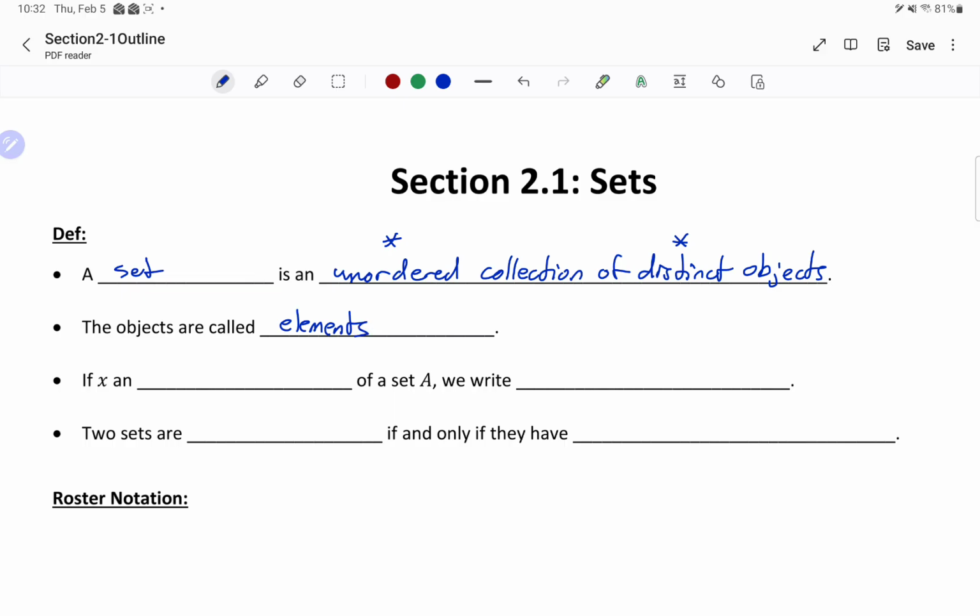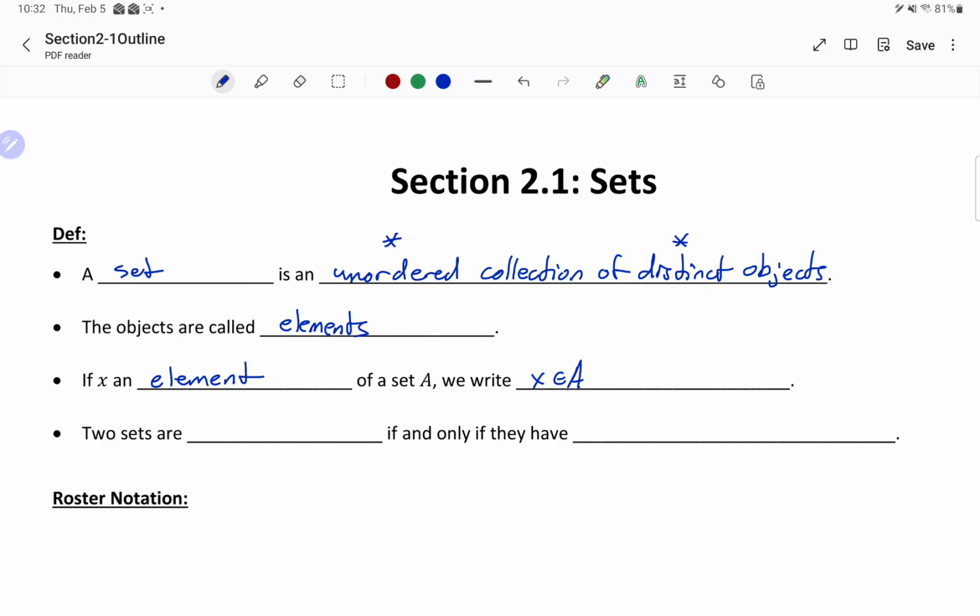Okay? And so if I have a set A, and I want to express that X is an element of a set A, we're going to write this notation that I was already kind of using, but this is formally what it means.